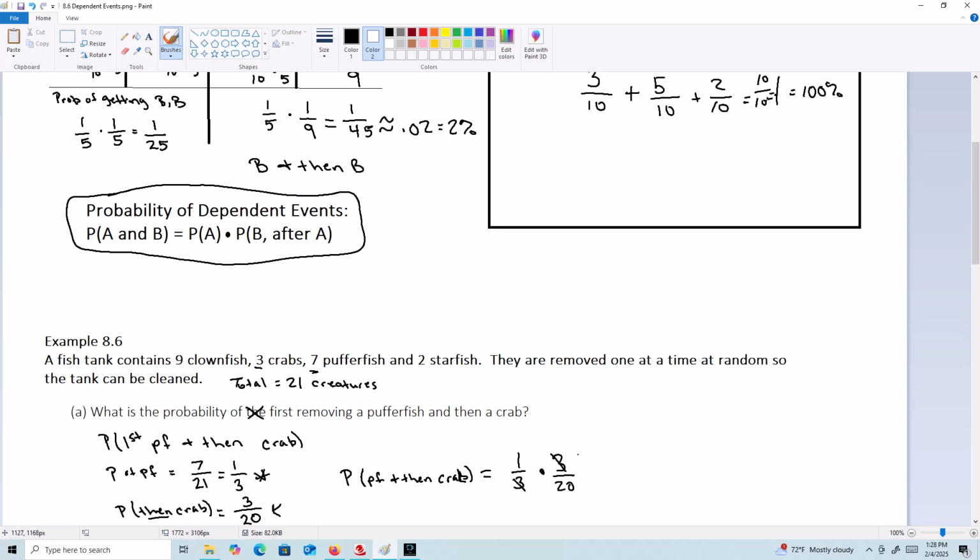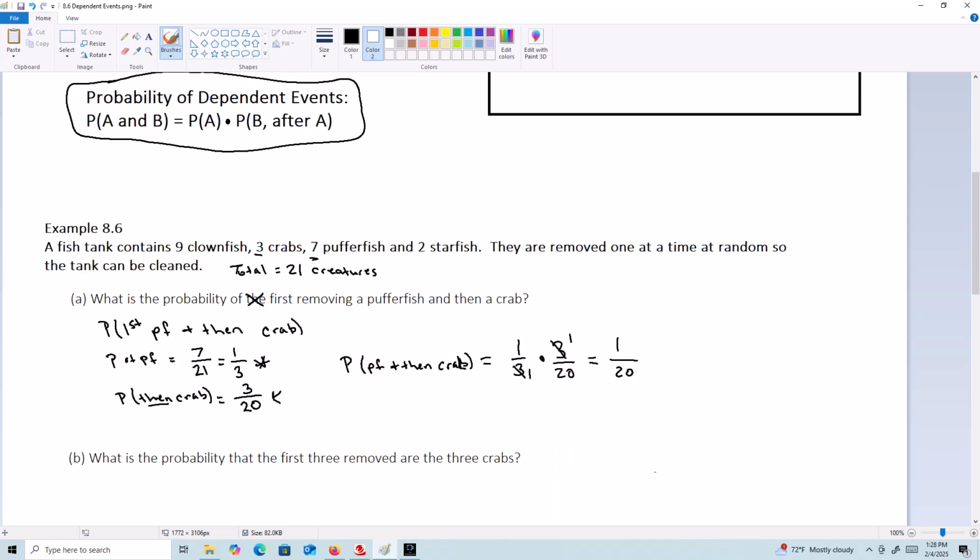It just makes life easier in the end. So the 3 can get canceled out. 1 times 1 is 1, and 1 times 20 is 20. So the probability of getting the pufferfish and then a crab is 1/20.